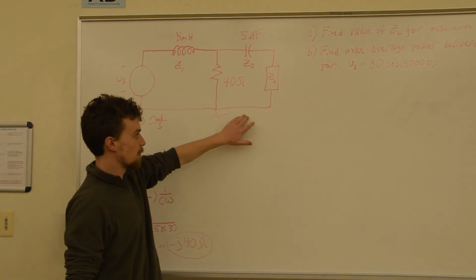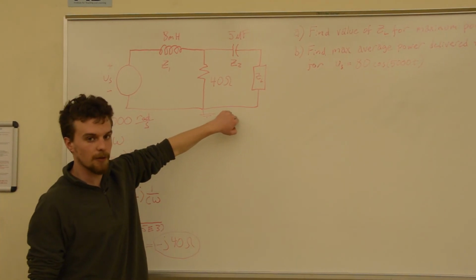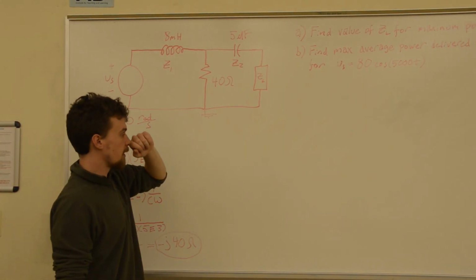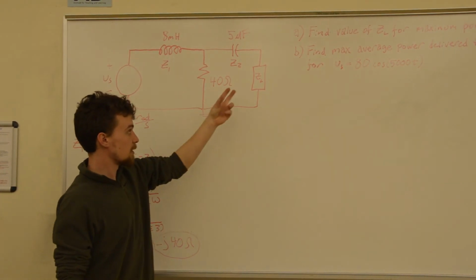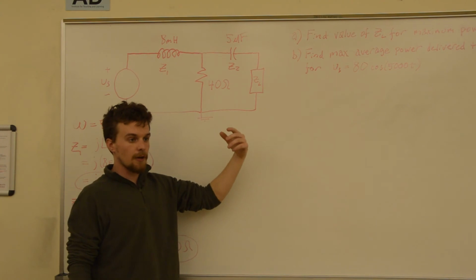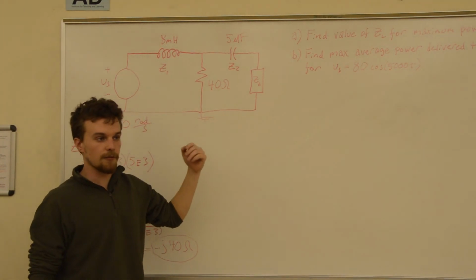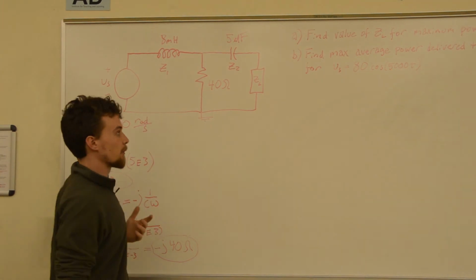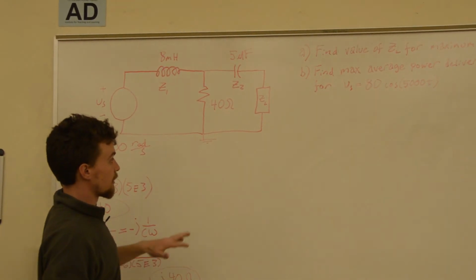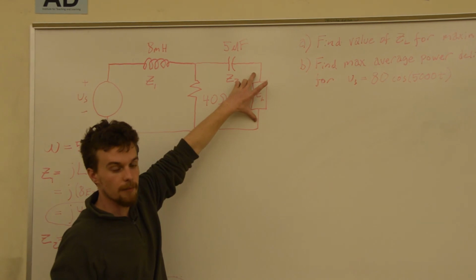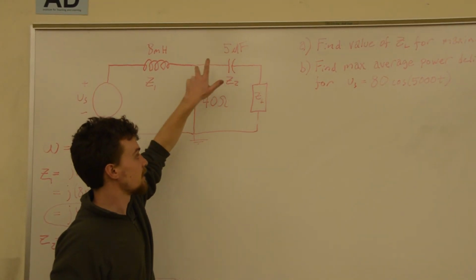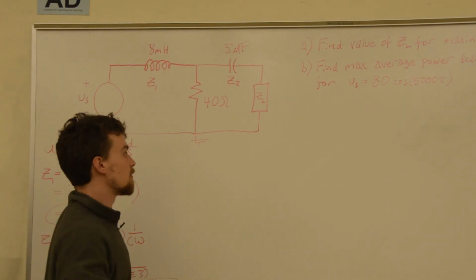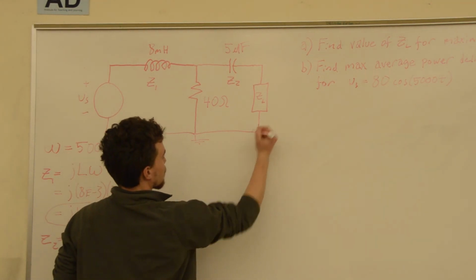The same principle holds that held for purely resistive circuits: if your load resistor is equal to the Thevenin resistance of the circuit around it, then you'll get maximum power transfer. So we'll solve for the Thevenin impedance, and when your load impedance is equal to that, we'll get maximum power transfer.